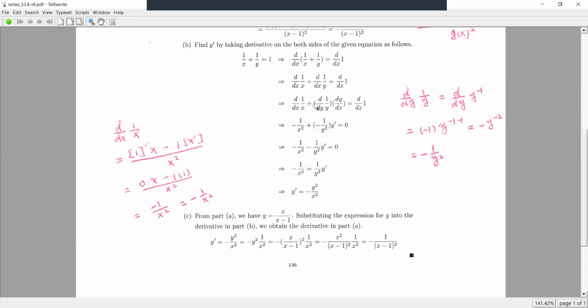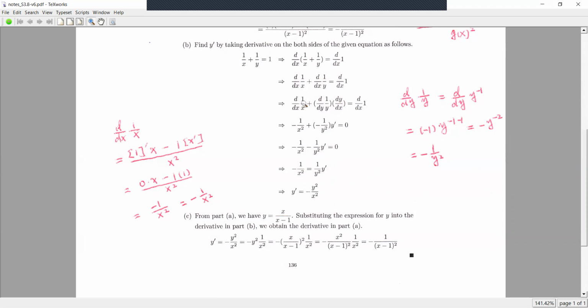If we cancel dy, then this product goes back to this derivative. Now, we have 1, 2, and 3 derivatives to compute.